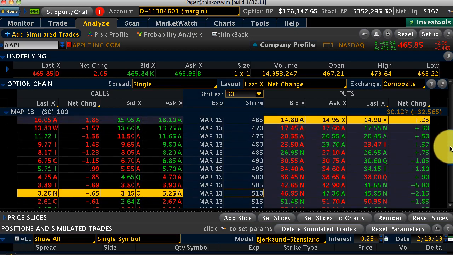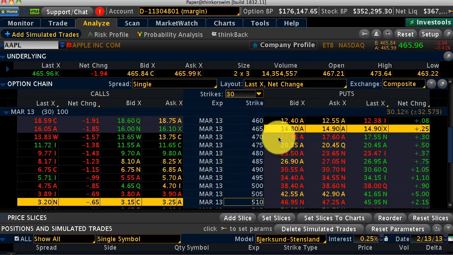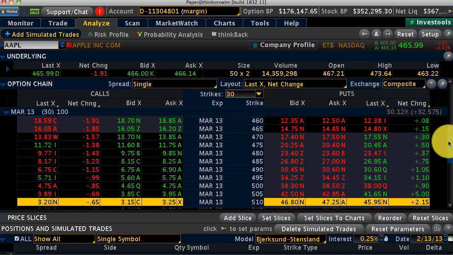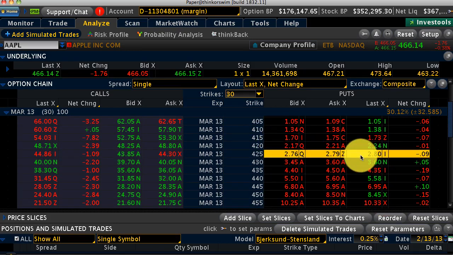And that's why you'll see the price of this option also is much higher than the out of the money or the at the money options. The at the money options here are going for about $15. The in the money options are going for about $46, and the out of the money options at the 425 are going for about $2.80.